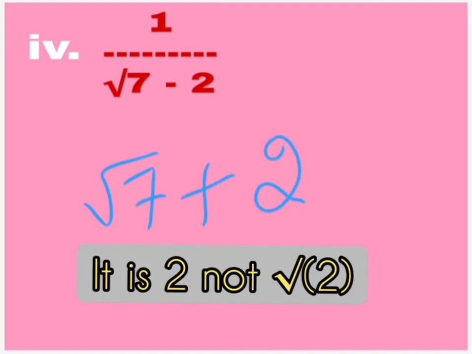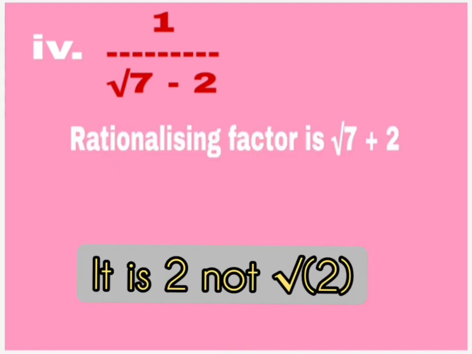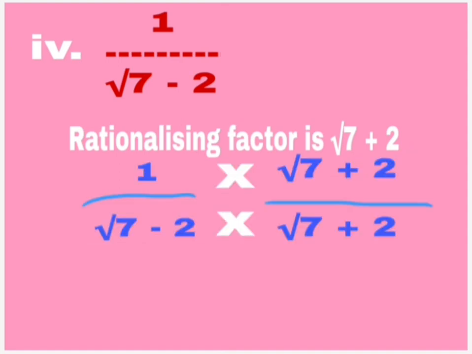1 by root 7 minus root 2. Here again the denominator is a binomial. Take the RF factor with the same terms but opposite sign. So the RF factor will become root 7 plus root 2. Now multiply this to both numerator and denominator.